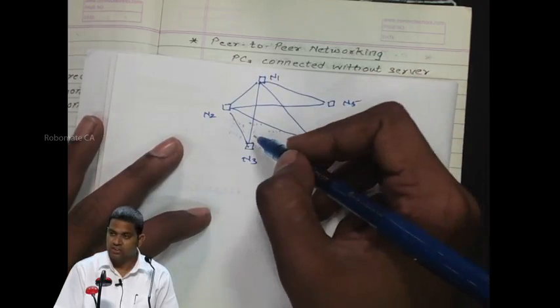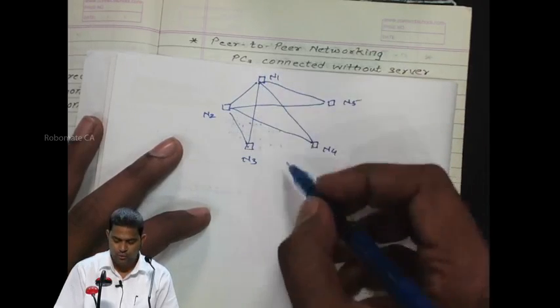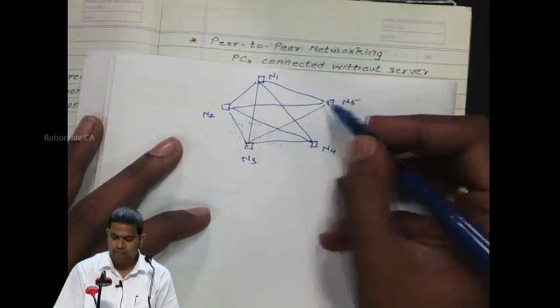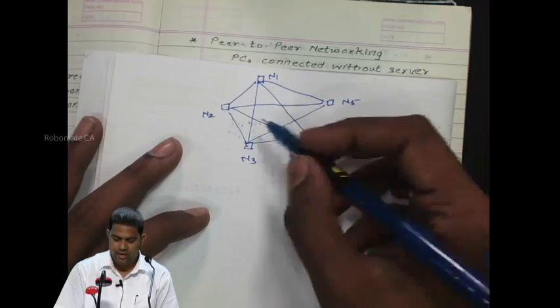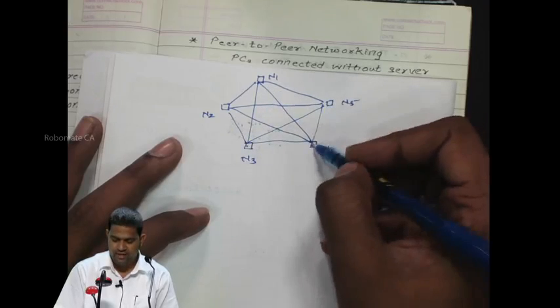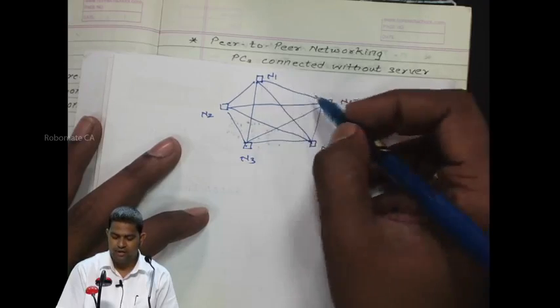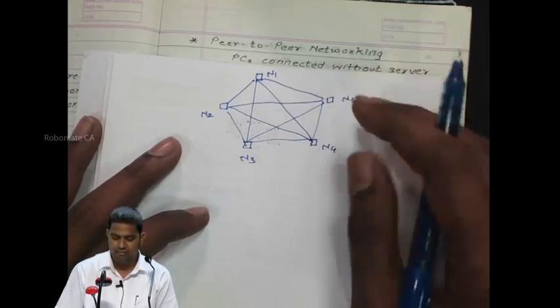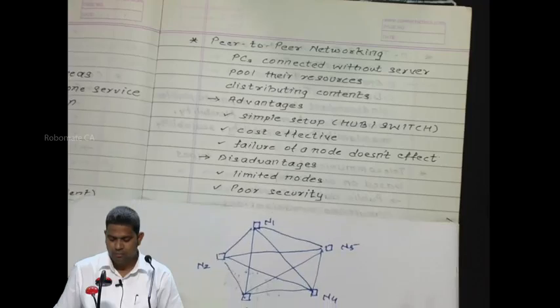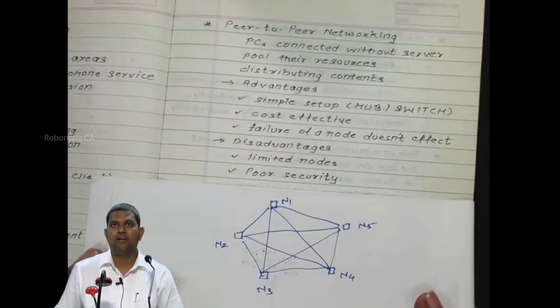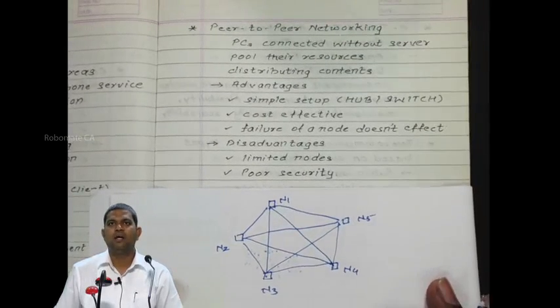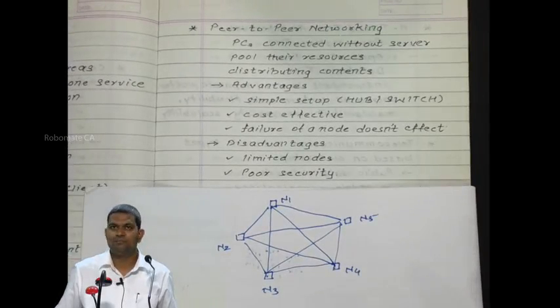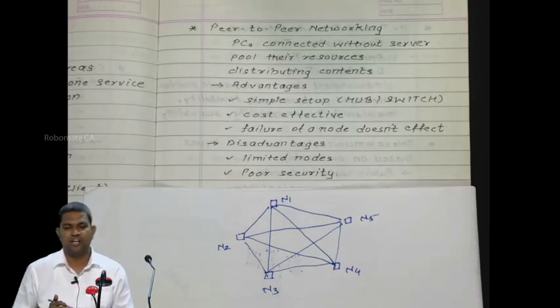Third situation, N3 is the server connected to N1, N2, N4, N5. N4 connected to N1, N2, N3, N5, and N5 connected to N1, N2, N3, N4. And this forms your peer-to-peer networking. It is not star, it is peer-to-peer networking. Understanding this? So note down peer-to-peer networking.